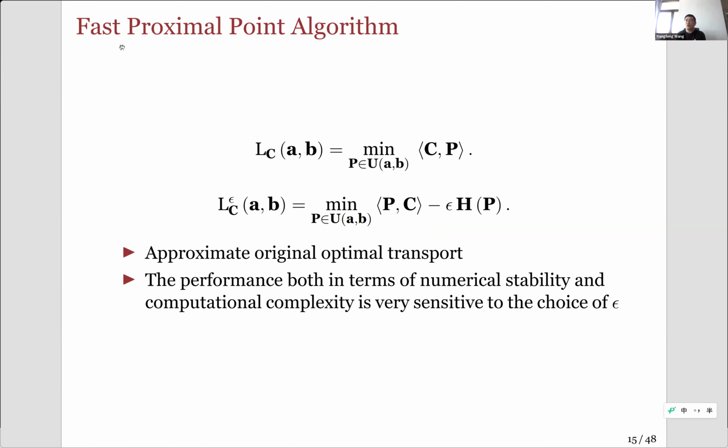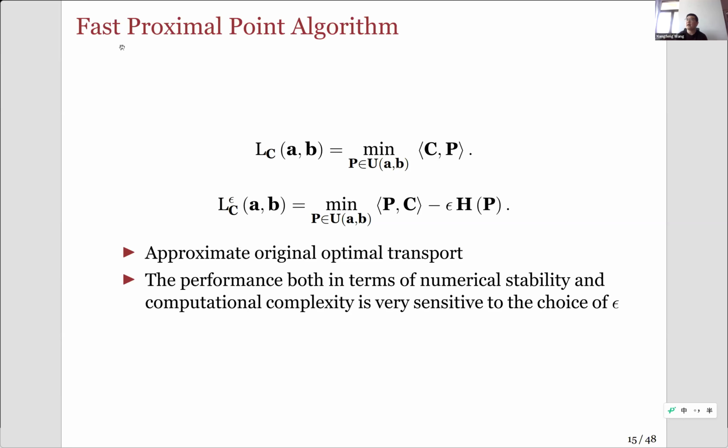Then we recall the entropic regularization gives a fast approximation to the original Kantorovich optimal transport cost. The accuracy depends on the parameter epsilon, and a smaller epsilon is more accurate, but can be numerically unstable, while a larger epsilon is stable, but gives a very loose approximation.